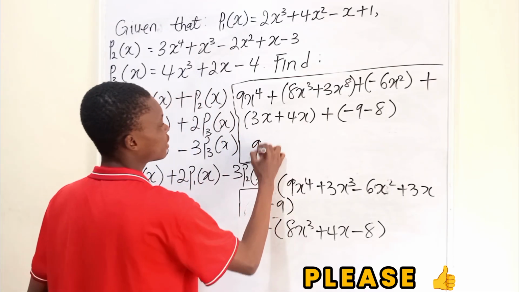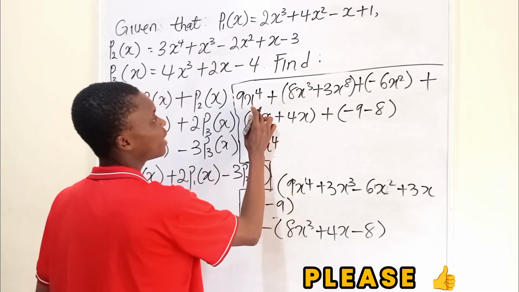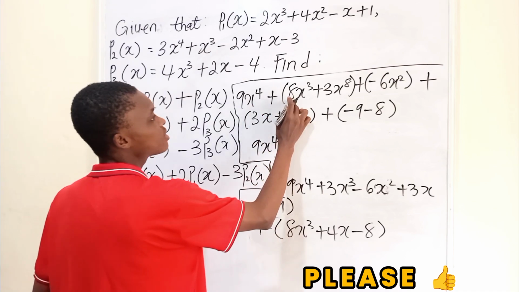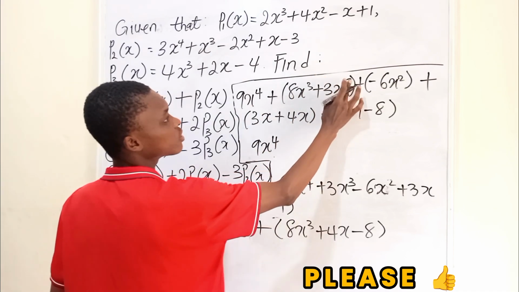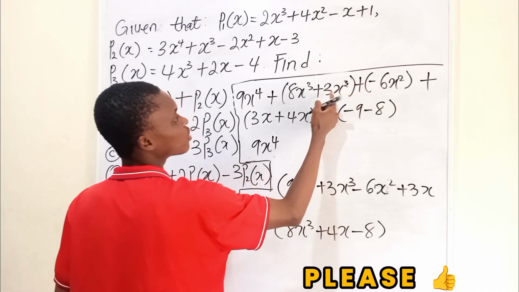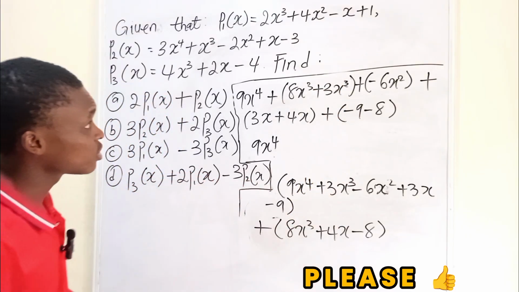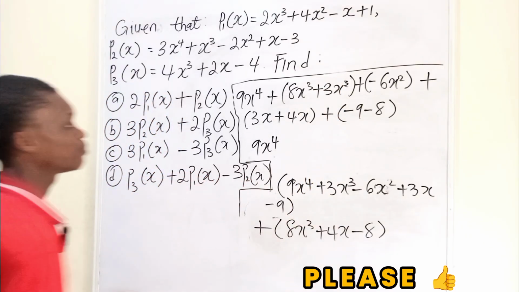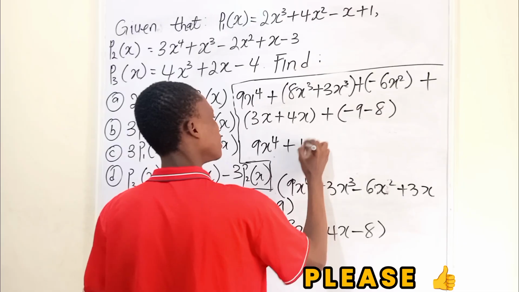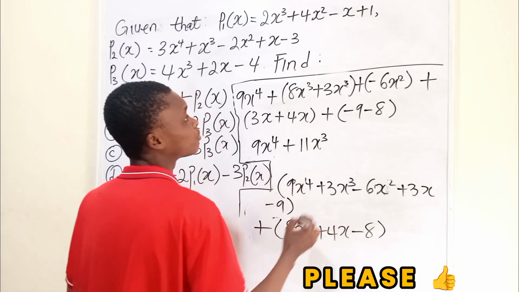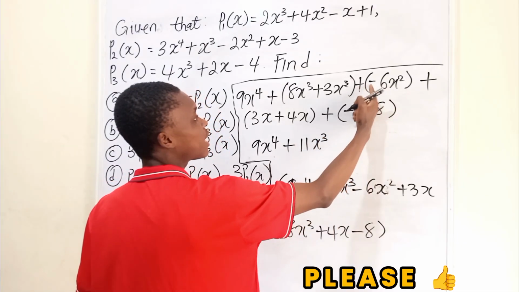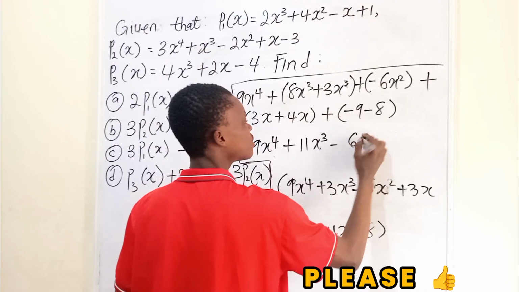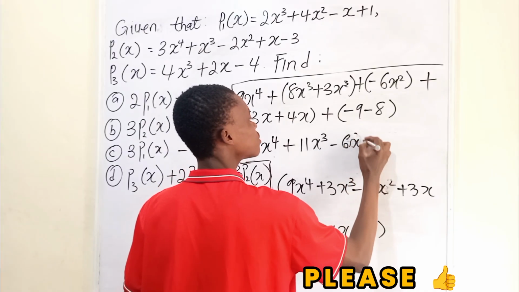Here we have 9x to the power 4 still remaining. 8x cubed plus 3x cubed gives us 11x cubed. So this is plus 11x cubed. Now this is negative 6 because plus times minus gives us minus 6x squared.